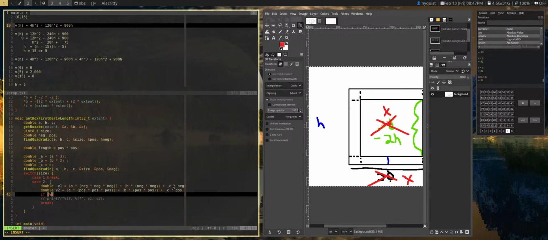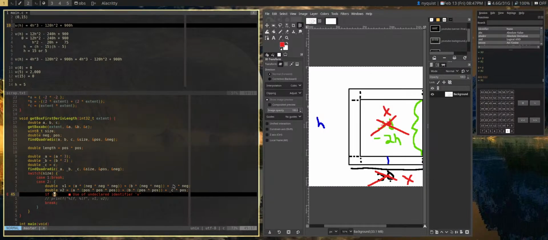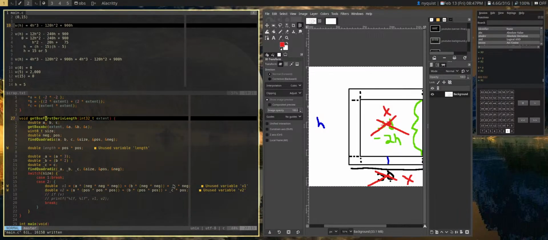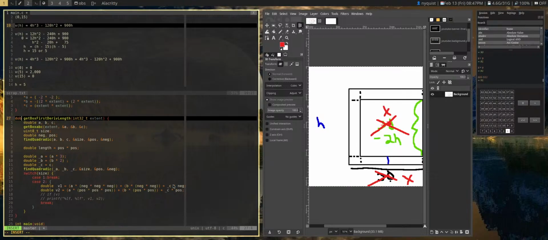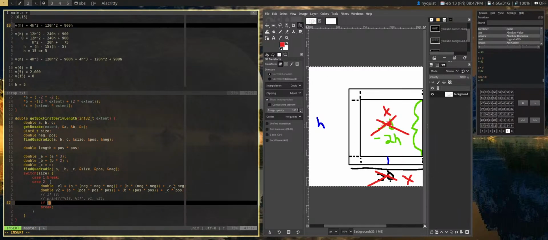So if b, return a double, and then if v1 is greater than v2, return v1, else.